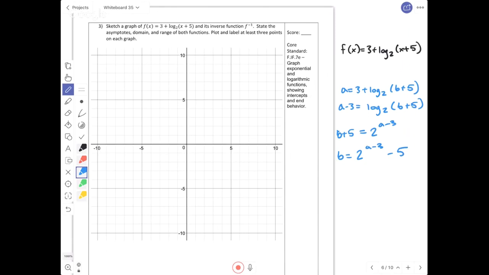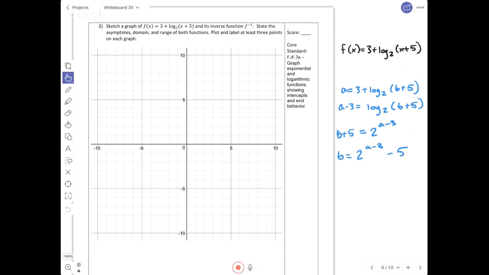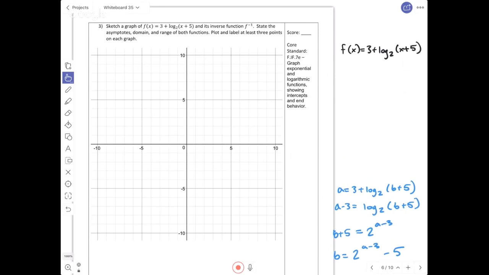Cool. And that means I've got an inverse function. Let's do the inverse function in red. F inverse of x equals 2 to the x minus 3 minus 5.